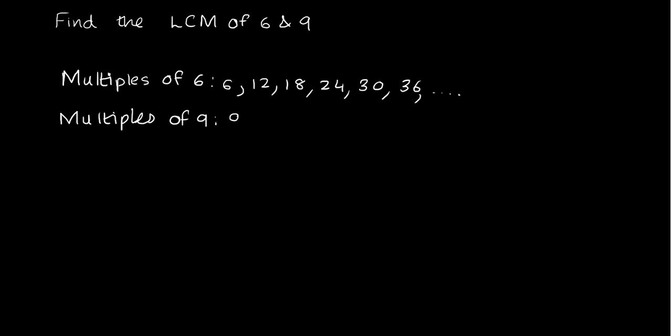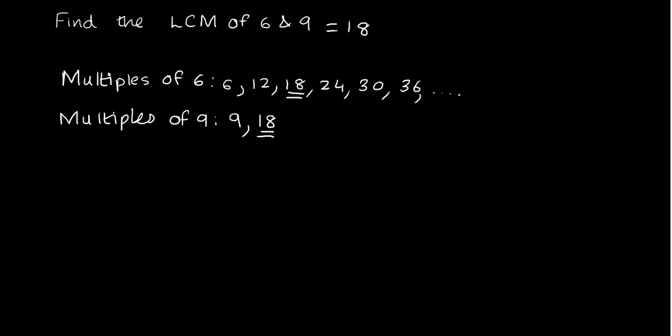I've got 9, and then I've got 18. But I can see straight away 18 is already in the 6 times table, so we're looking for the smallest multiple, right? And that is then both of them. So the LCM of 6 and 9 is 18.